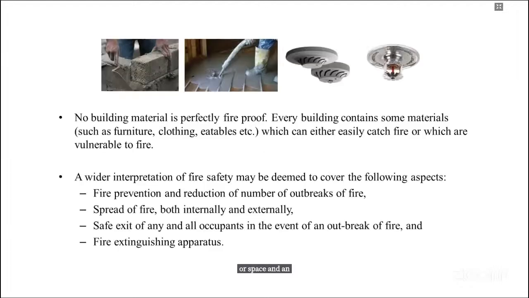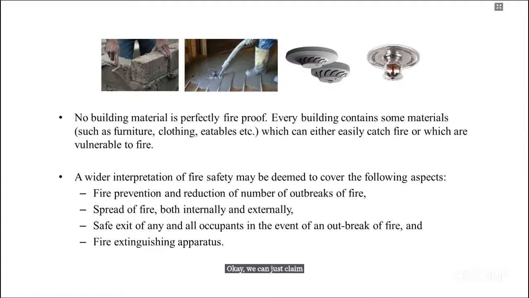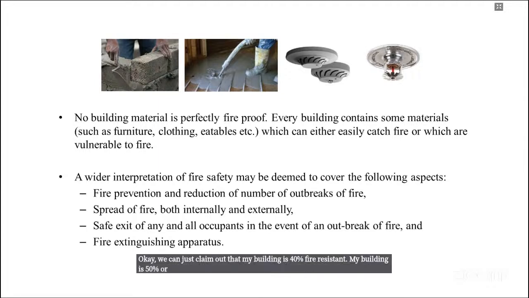Now we'll be moving towards the material part. No building material is perfectly fireproof. It's very important to understand that we can claim that my building is 40% fire resistant, or 50%, or 60 to 70% fire resistant, and I'm claiming this in terms of the enclosure I have designed, or the materials I have used.